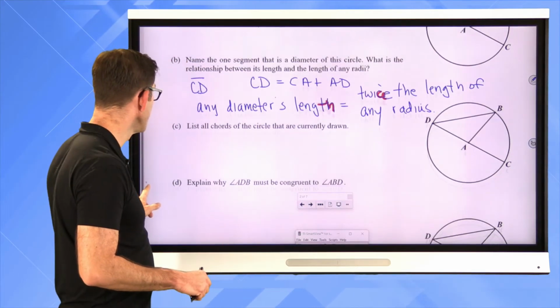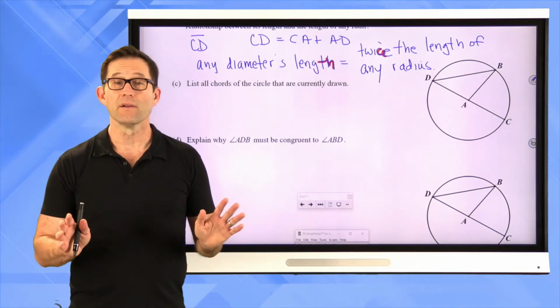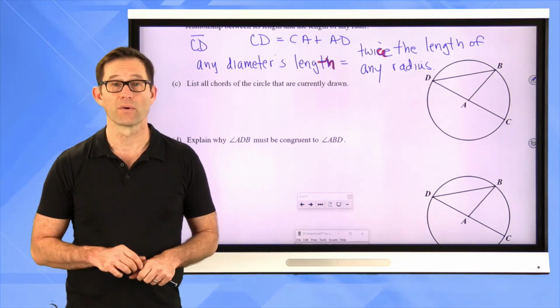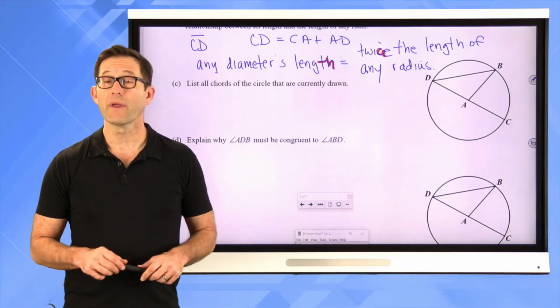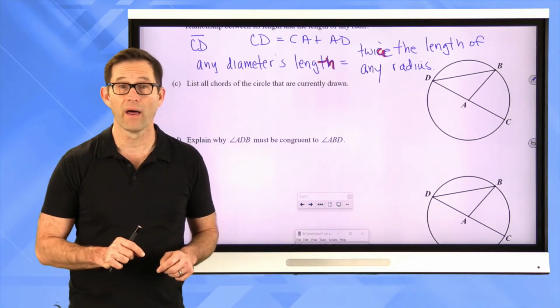Let's keep going. Letter C. List all chords of the circle that are currently drawn. All right, great. Again, look at the definition of a chord and go ahead and list the two segments here that are chords. Okay, well again, a chord is any line segment whose endpoints both lie on the circle.